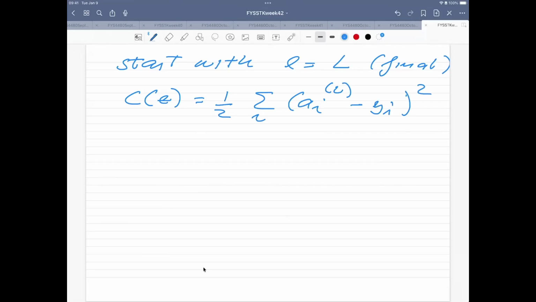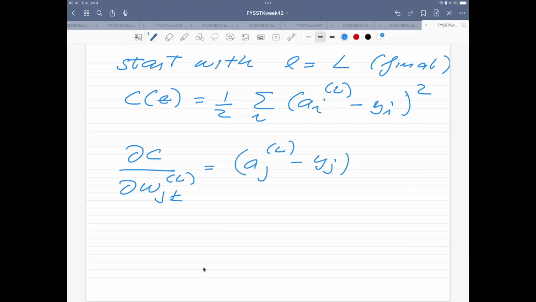Then what we found last time, and I'm just going to set up the result because I'm not going to repeat all the calculations, is that dC/dw for layer L, the final output layer, is given in this case by the output from the output layer minus y_j.